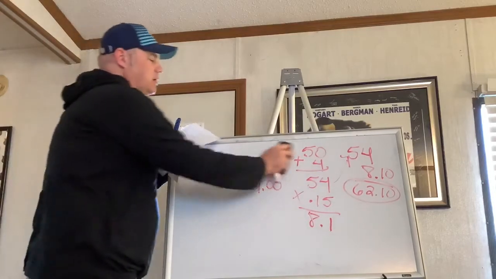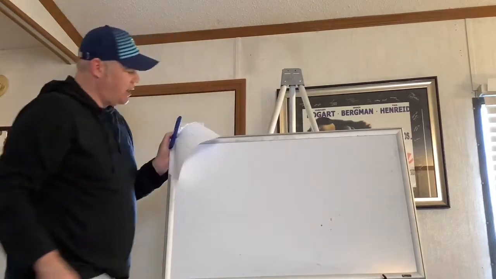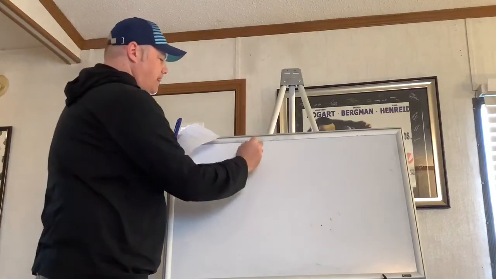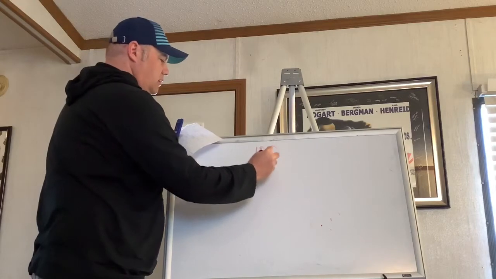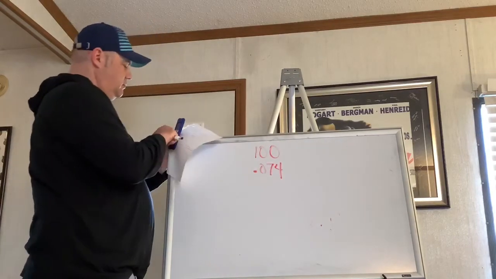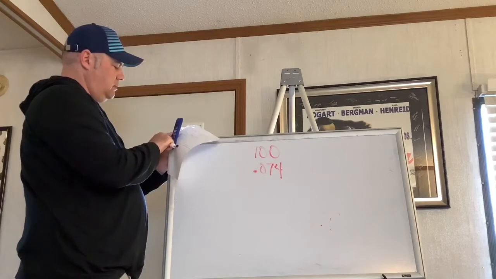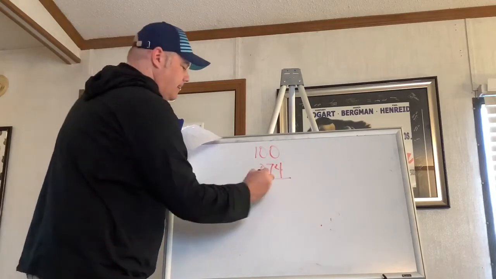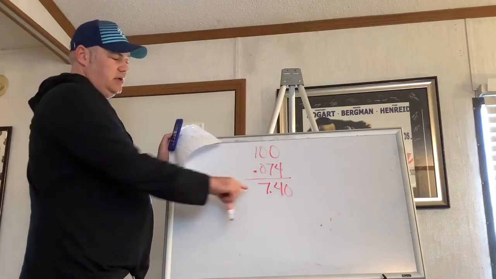All right, so let's do another one that I had you do. I had you do a $100 meal at 7.4%. So you're going to get $7.40. Okay, that's your tax.